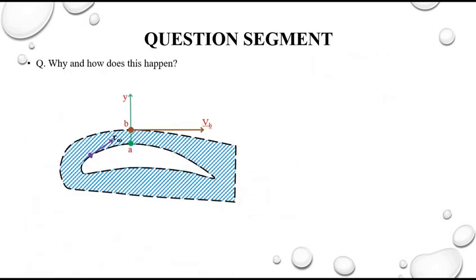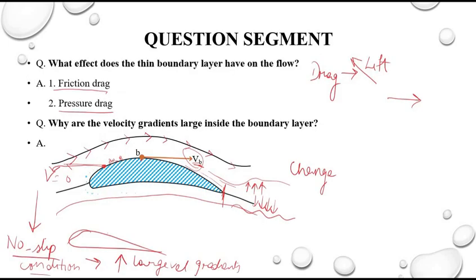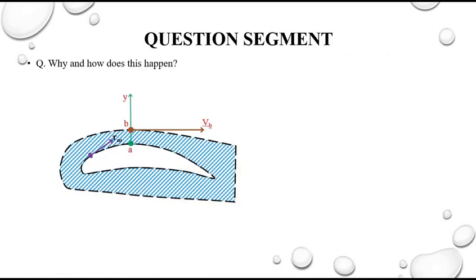Let us have a look at a magnified view of the boundary layer. This was an airfoil where we considered an inviscid flow. Now we'll have a look at a magnified view of the boundary layer. This is my airfoil, and the dotted line that you can see is the outer edge of the boundary layer, and this is my boundary layer.